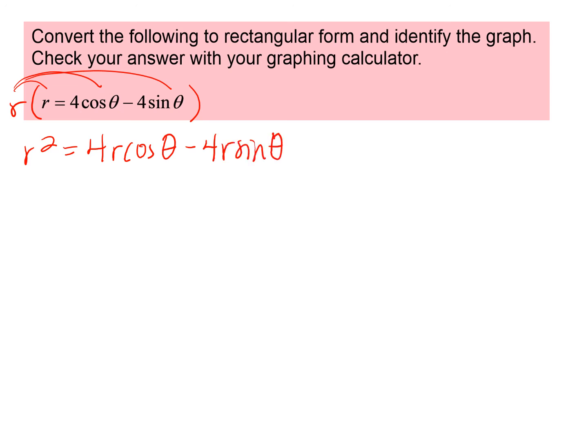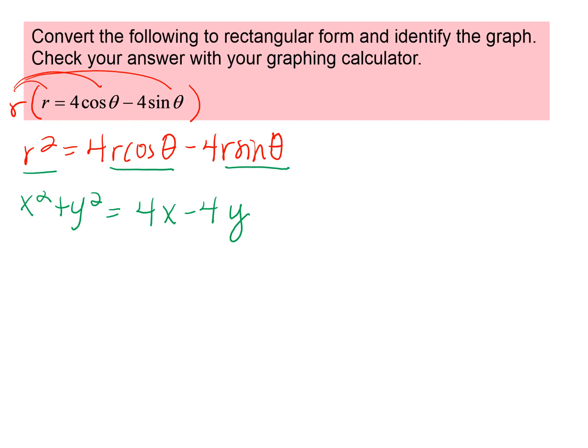And then we know that r squared is the same thing as x squared plus y squared. And r cosine theta is the same as x. And r sine theta is the same as y. And then back to your favorite, completing the square.